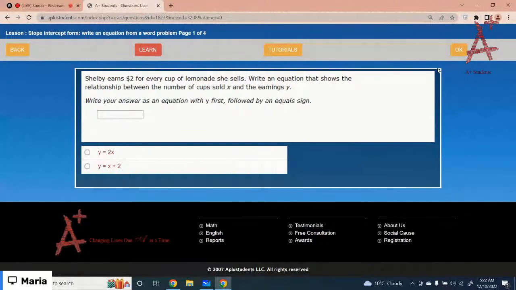Write an equation that shows the relationship between the number of cups sold X and the earnings Y. So you have to write the equation from the given relationship. She earns $2 from every cup she sells.